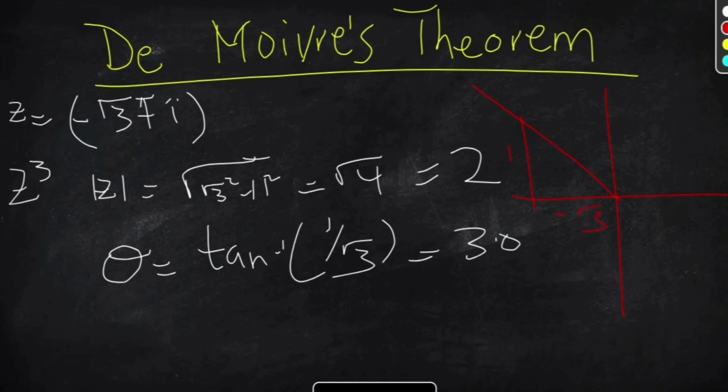So in the second quadrant, we subtract it from 180. 180 minus 30 gives 150 degrees. So our argument here is 150 degrees. We can now represent it in polar form.